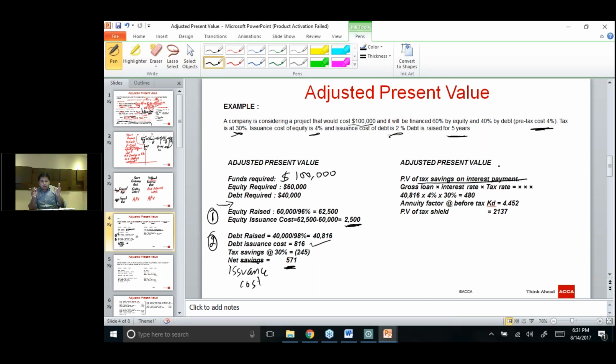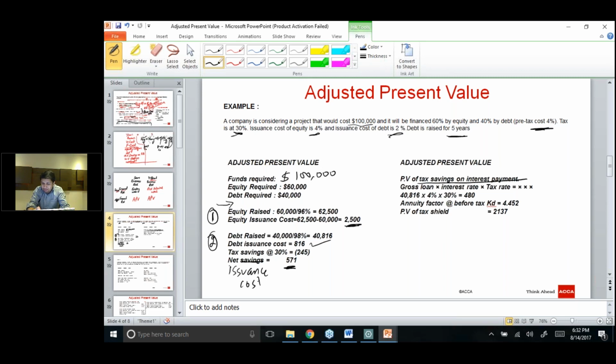If a loan has a duration of 5 years, take the present value of all the tax savings on interest, that will be your tax shield, your present value of total savings.